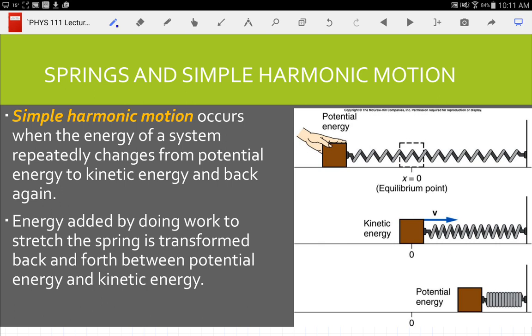There is a little section at the end of chapter 5 that to me seems a little bit out of place, but this is where it's introduced because it has to do with energy. If you have a block with some mass m, and you attach it to a spring and you pull it back, in terms of energy, when you pulled it back, you did work on the spring.